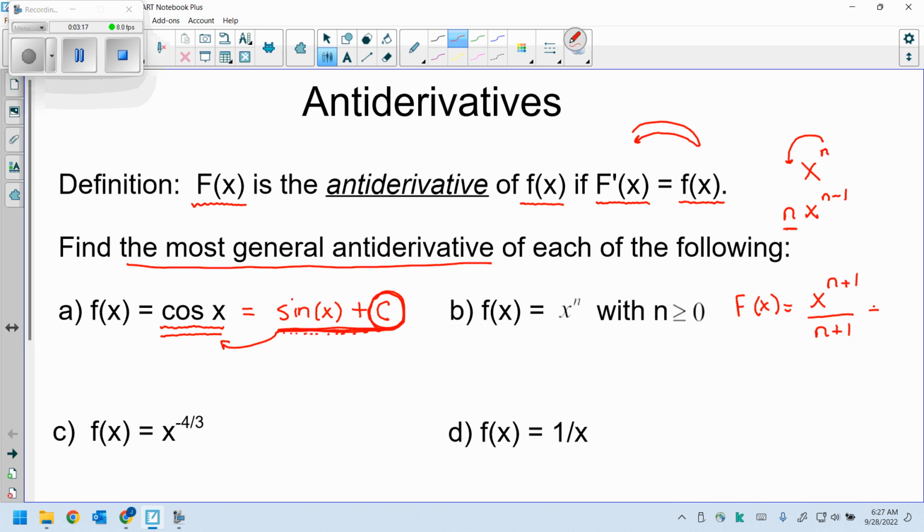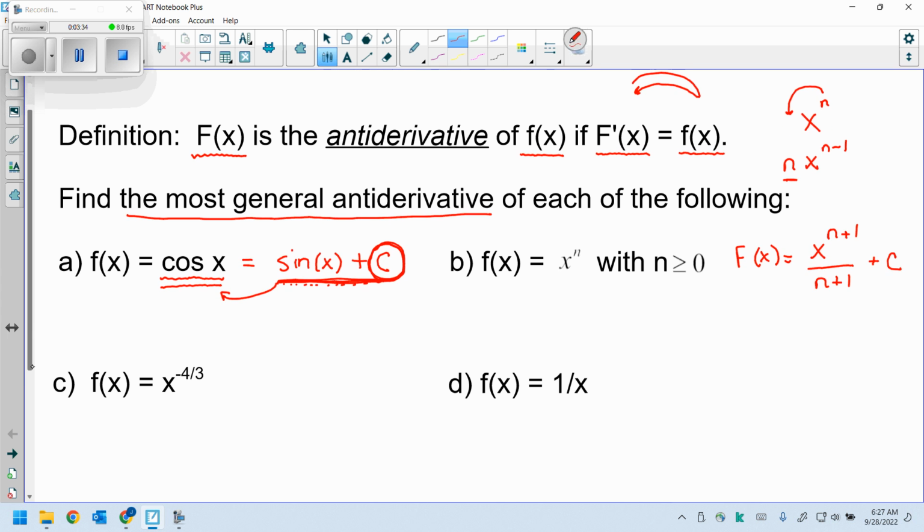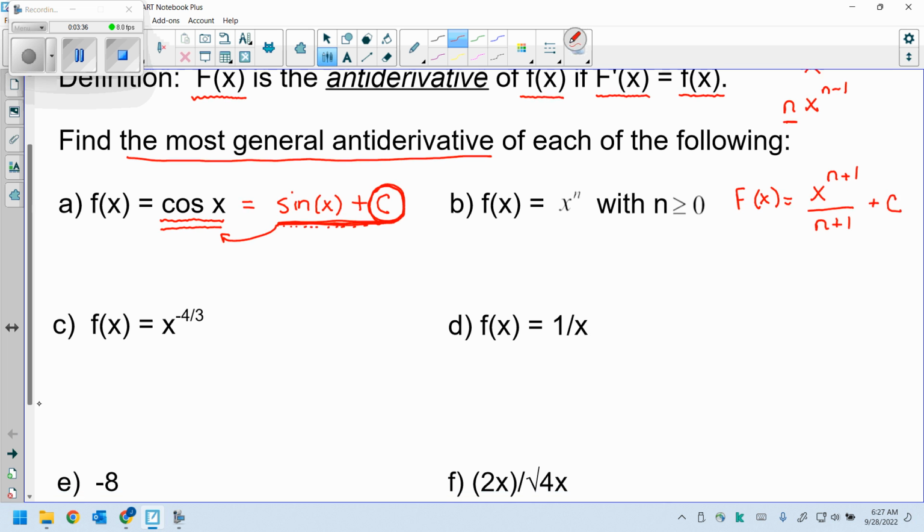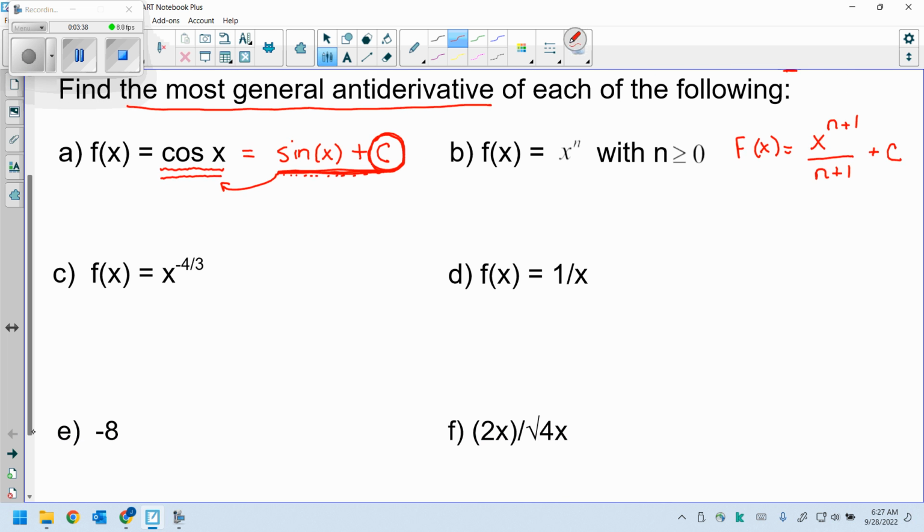And then add c because we're asked for the most general. So increase the exponent by 1 and then divide by that new exponent. Another thing to keep in mind is that just as it did with derivatives, any coefficients will always still come along for the ride.